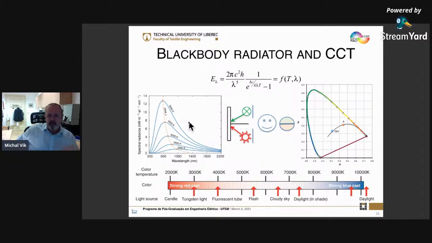Based on that, you need to remember that increasing the temperature of a black body radiator will cause a cooler appearance of the light source, because the shortest wavelengths are near the green-blue colors, and the longest wavelengths are related to the orange-red colors. That is the reason why we have light sources, for example the tungsten lamp, so-called warm white. Then we have, for example, daylight as a typical example of a cool white system.